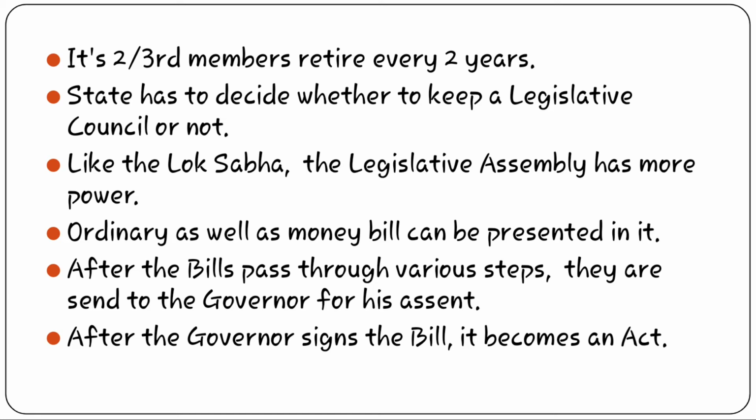Whereas in Lok Sabha and Rajya Sabha, we send the bill to the President of India for final assent, in a state legislative assembly and legislative council we send it to the governor, because in the state, instead of the president, the governor is in charge. After the governor signs it, the bill becomes an act.